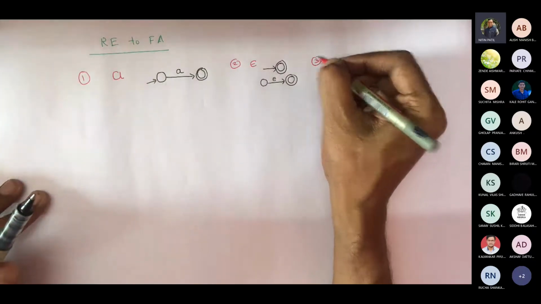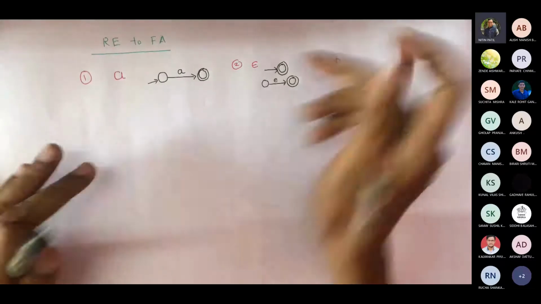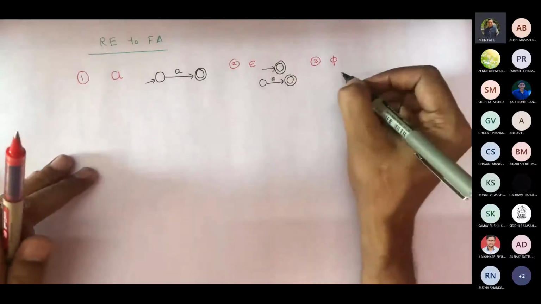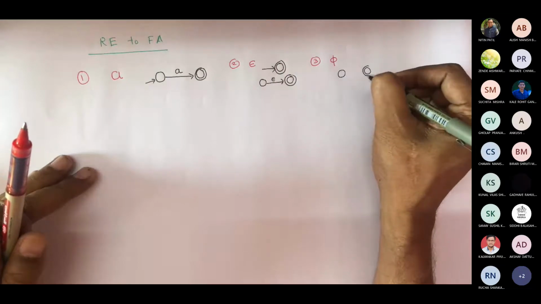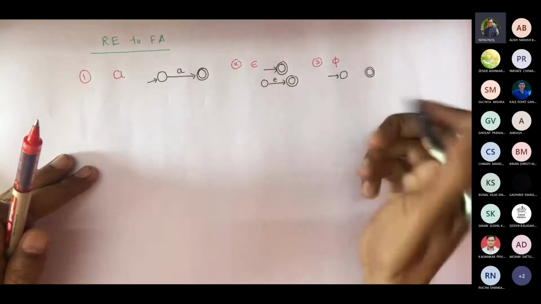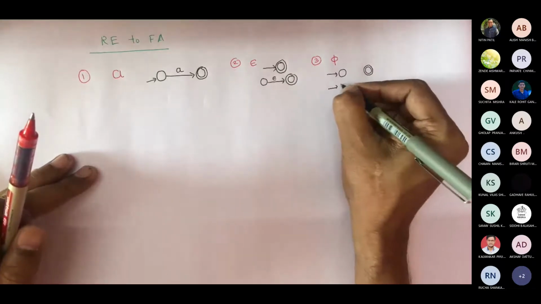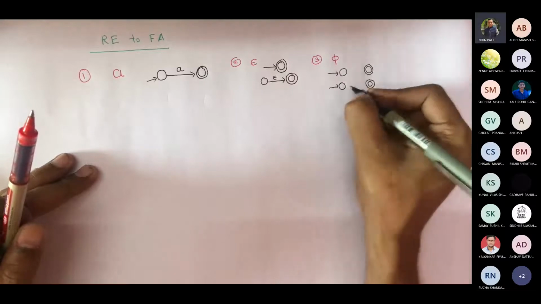Now, the third one. We said phi. The third regular expression is phi. This is my initial. This is my final. There is no transition in between. Or this is my initial, this is my final.